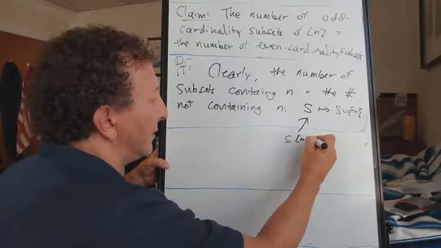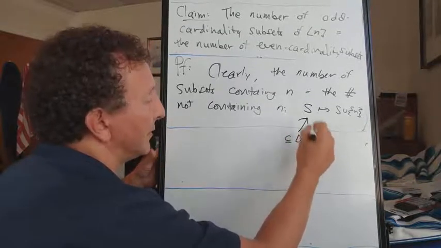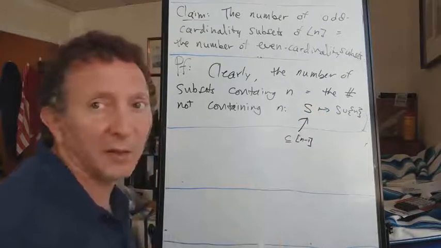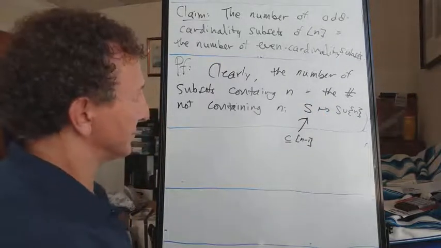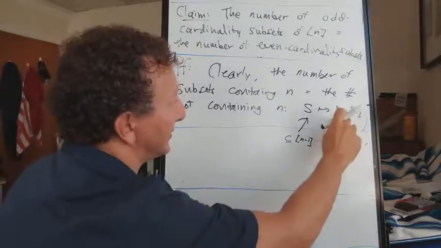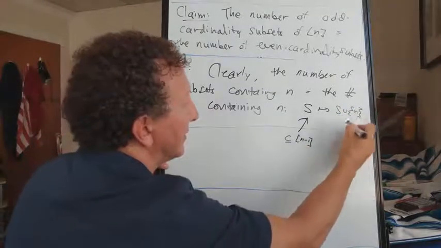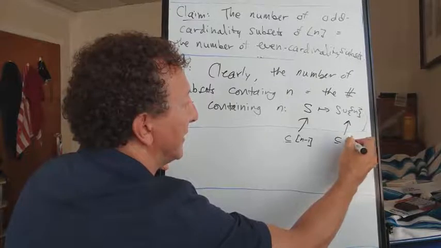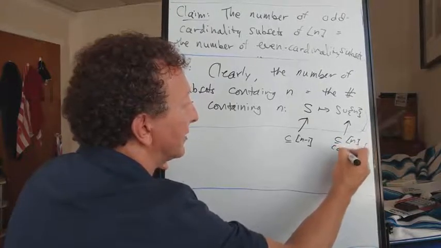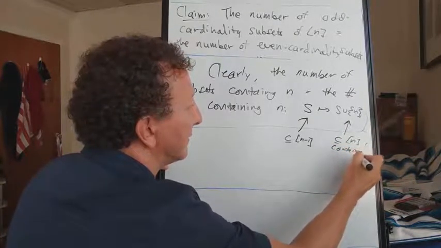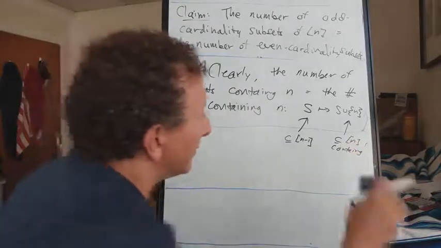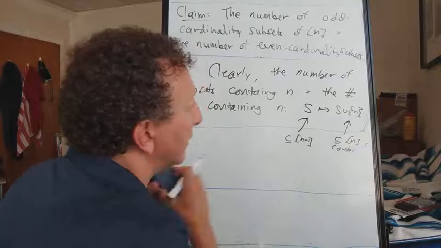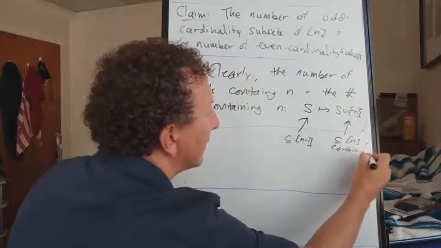So a subset not containing n is a subset of the numbers 1 through n minus 1. And then this is a subset of n actually containing n.